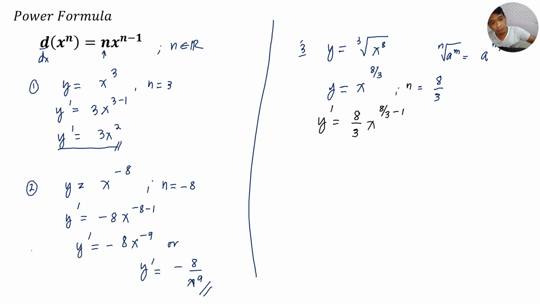Then subtracting 1 from 8/3, that gives us 5/3. So y prime is equal to 8/3 x raised to 5/3. So this will be our final answer. So generally, ang ginagawa lang natin, pinupunta lang natin yung exponent sa unahan, then magsusubtract tayo ng 1 from that exponent.